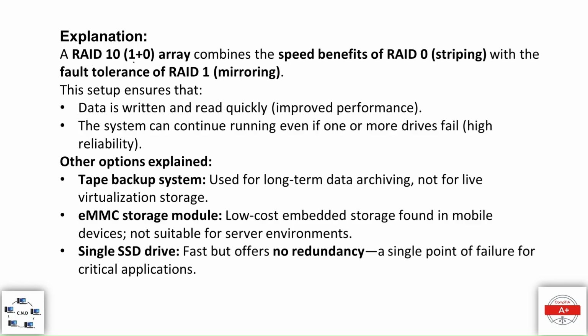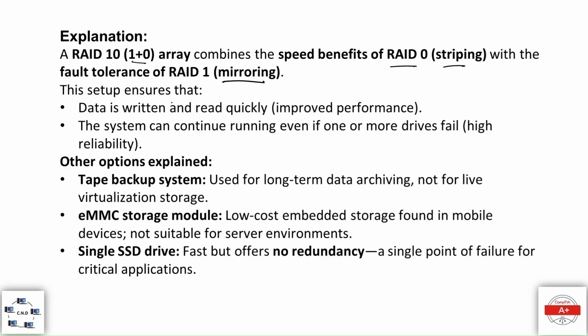So a RAID 10, that is 1 plus 0 array, combines the benefits of RAID 0, which is striping, with the fault tolerance of RAID 1, that is mirroring. With striping, data is divided across two disks, which gives us performance because data can be read and written to the two disks simultaneously, while RAID 1 gives us mirroring, which is redundancy, which means that the same data is written to two drives, and if one fails, the data is still available on the redundant drive.